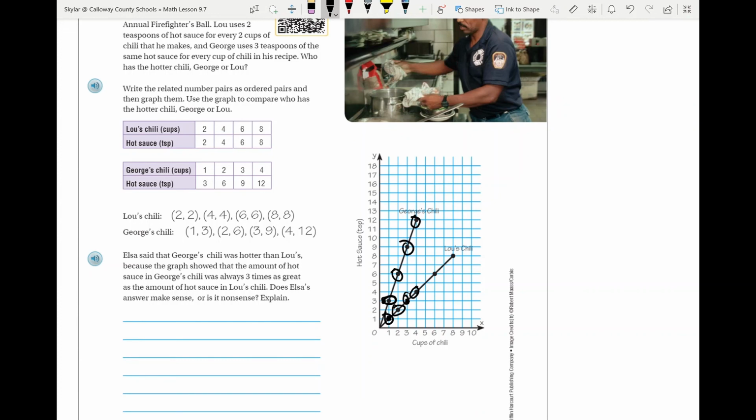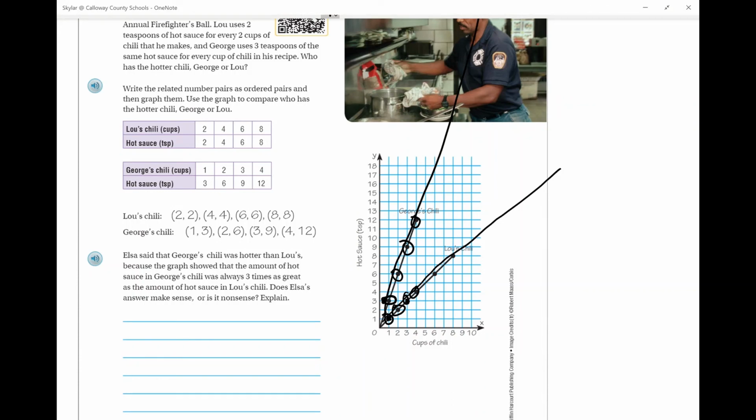We can just keep following this pattern, and we see that every single spot on the line chart, George's chili is always going to be 3 times hotter than Lou's. And we can see that line is going to continue out this way. George's is going to continue out that way. It's just going to always be 3 times as great.